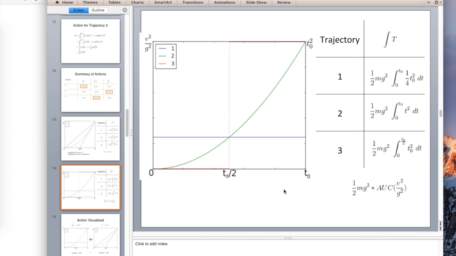From this graph, we can easily tell from the area under the curve that the first trajectory has the smallest kinetic energy term of its action, the third trajectory has the largest, and the second trajectory has a kinetic energy term in between.